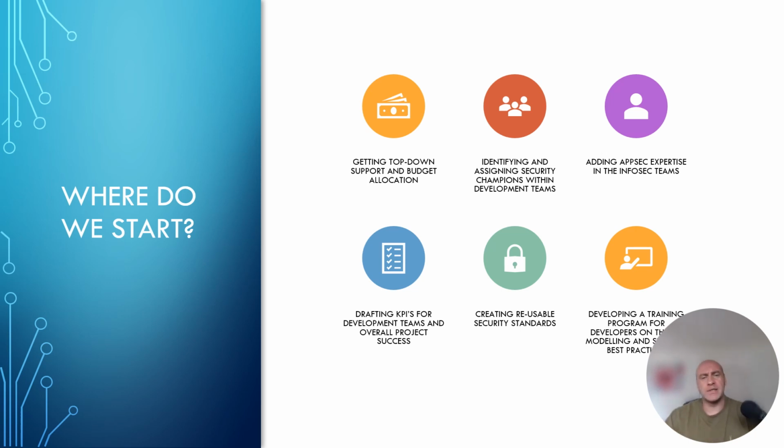Another big part is, as we move and scale our security in DevSecOps, it becomes very important to create reusable security standards. And what do I mean by that? In development, normally, especially when we move towards Kubernetes or microservices architecture, the goal is to not reinvent the wheel.